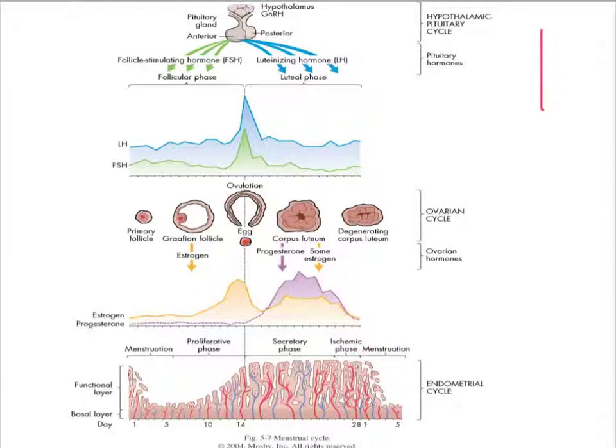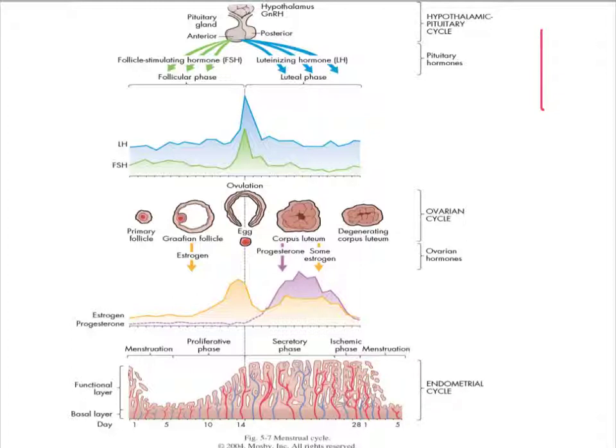If a pregnancy does happen, then the embryo is going to make HCG. We'll see HCG later when we use it to test for pregnancy, and that's going to trigger the corpus luteum to continue to function rather than degenerate, and so it'll continue making estrogen and progesterone, and that will support the blood lining in the endometrium to nourish the ovum.